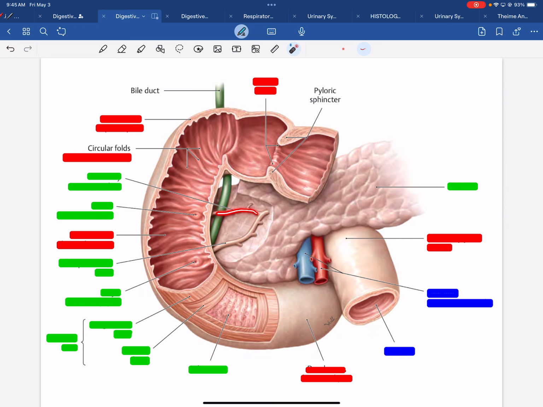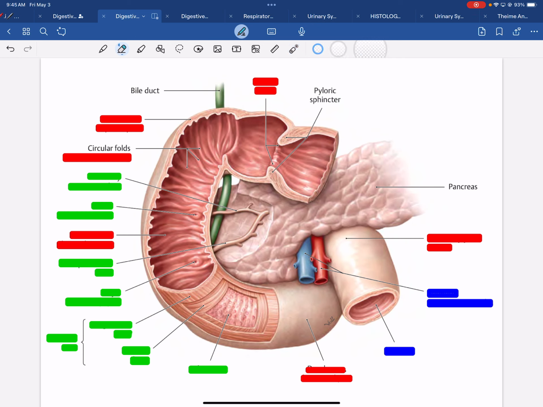What is this? Which organ is this? Good, the pancreas. So these are ducts in the pancreas, so they're pancreatic ducts. But which pancreatic duct is this?